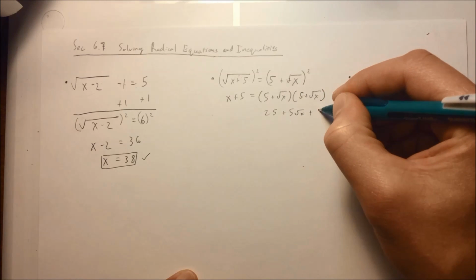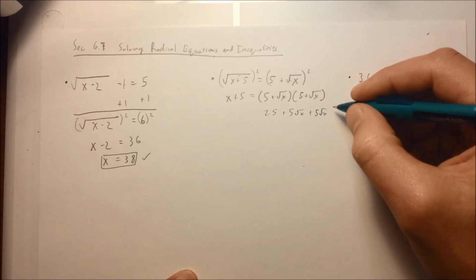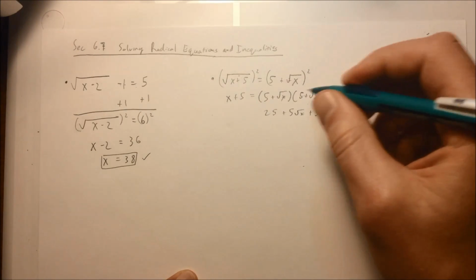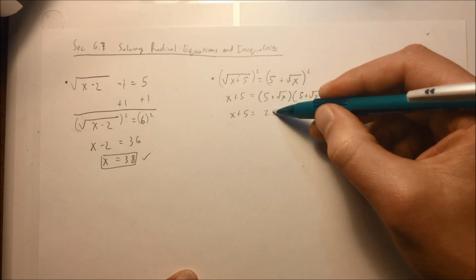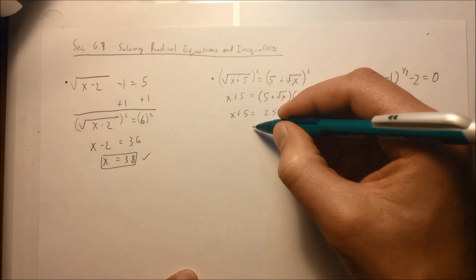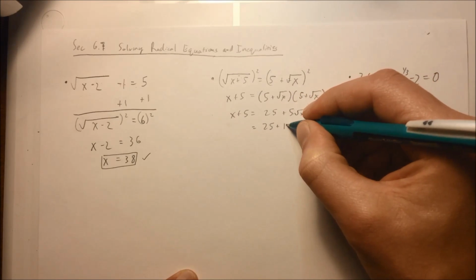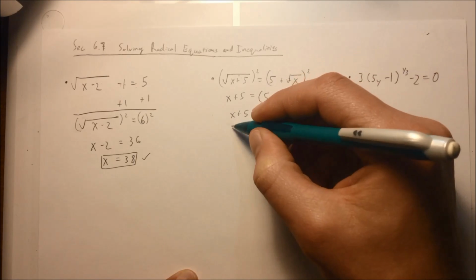That's going to be the same thing, plus 5 more square root of x. Square root of x times the square root of x is just going to be square root of x squared, which is x. So x plus 5 is equal to 25 plus 5 square root of x. 5 square root of x is going to be 10 square root of x plus x.